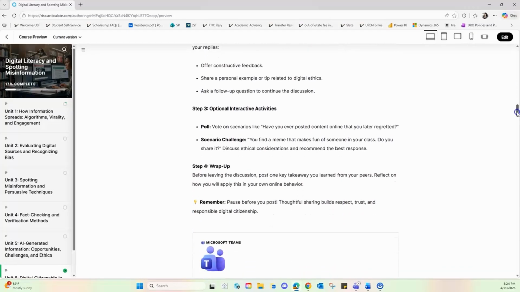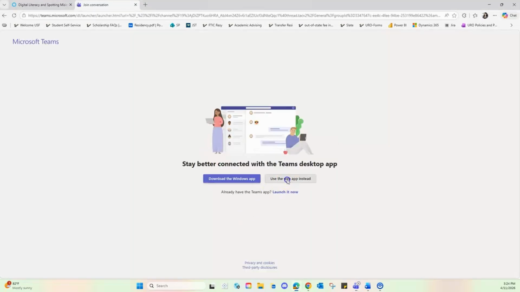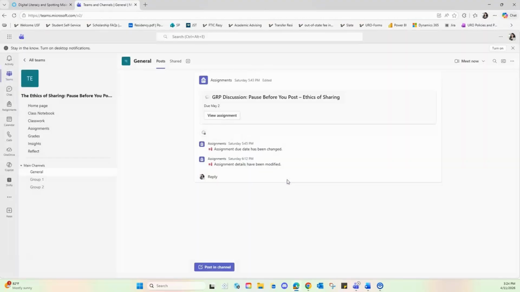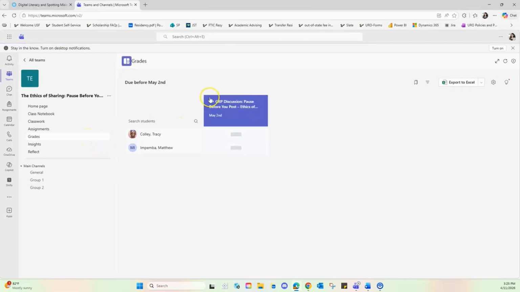Then we design group discussion activities through Microsoft Teams, focusing on exploring how to share content responsibly online, evaluating what is appropriate to post, and considering how our online actions affect others.